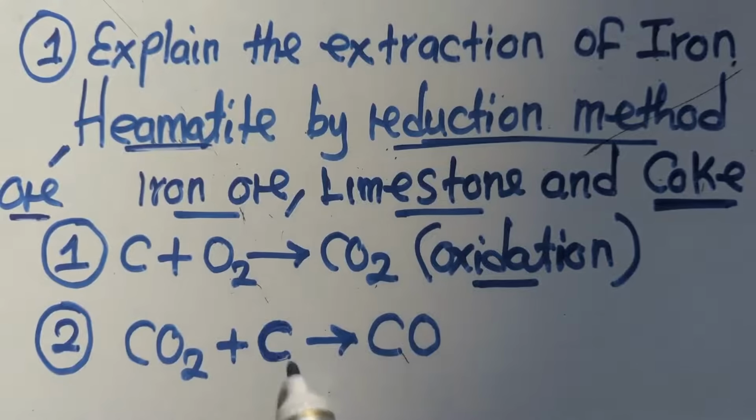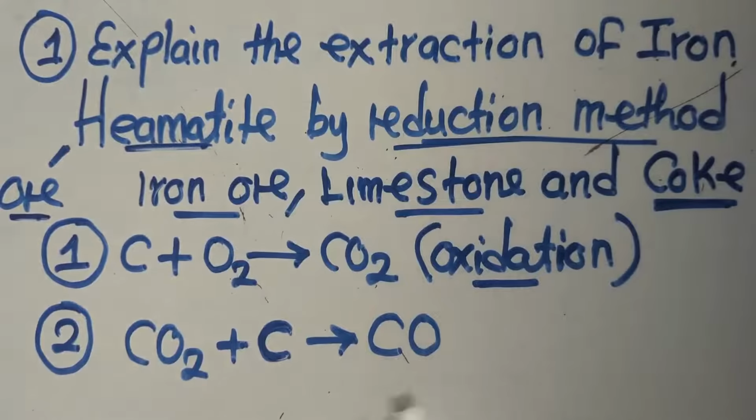The coke here, which is the carbon, is a reducing agent because it is reducing carbon dioxide to carbon monoxide. This is what you need to understand. Even as we revise through certain questions, this is what you are going to see.